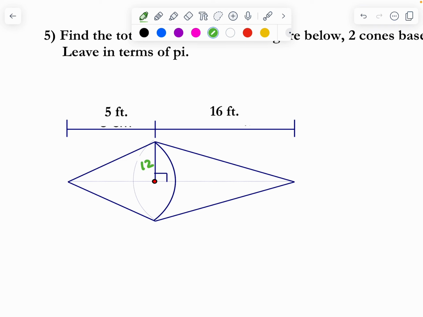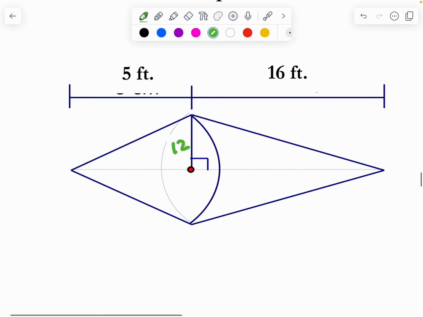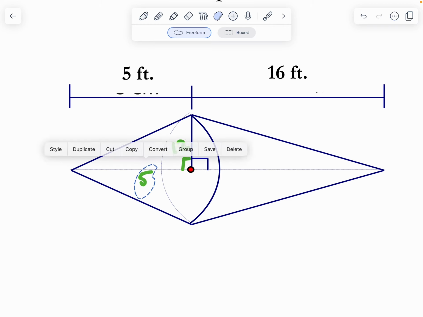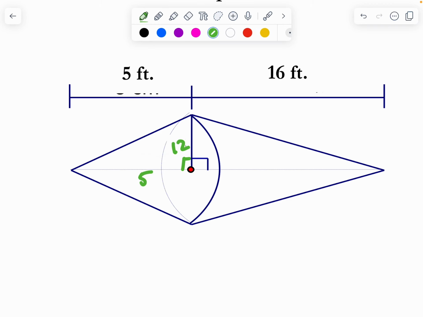All right, so here we go. If my height from this cone on the left is 5, that means we have a right triangle right here. I hope you already see what type of triple this is: a 5, 12, 13 triple.